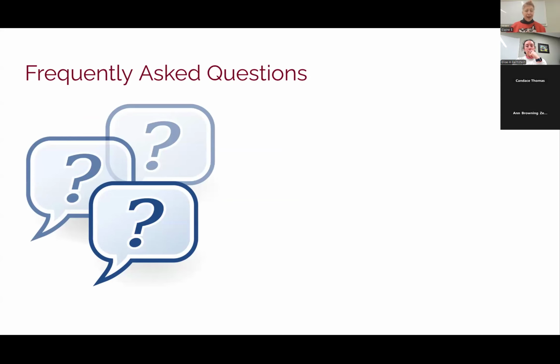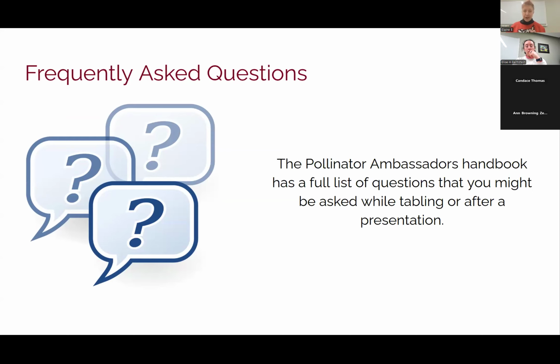We also have content prepared for you in the Canvas site and in the handbook in particular on frequently asked questions. So the handbook has a full list of questions that you might be asked while tabling or after a presentation.